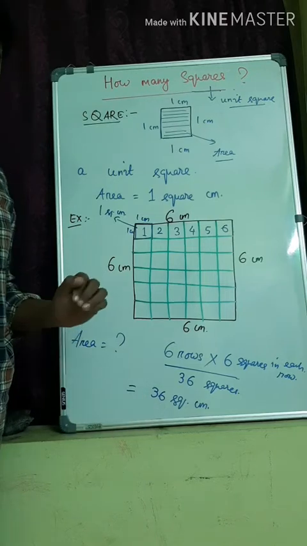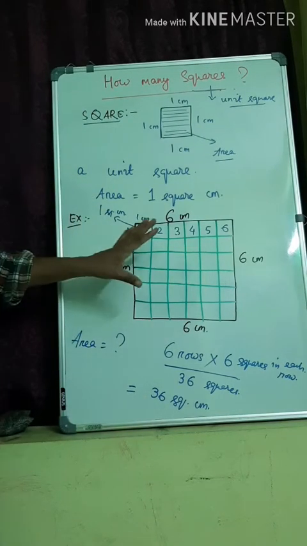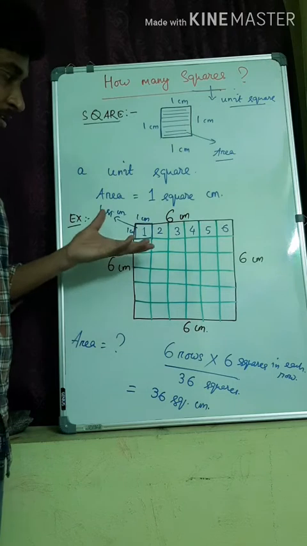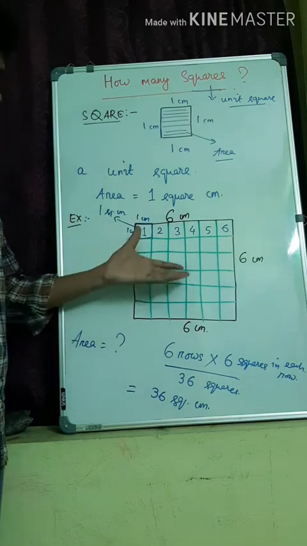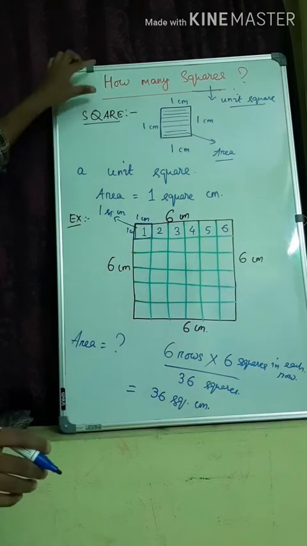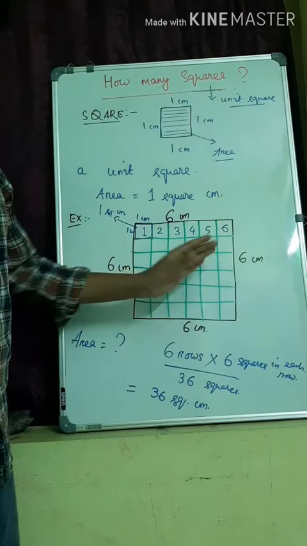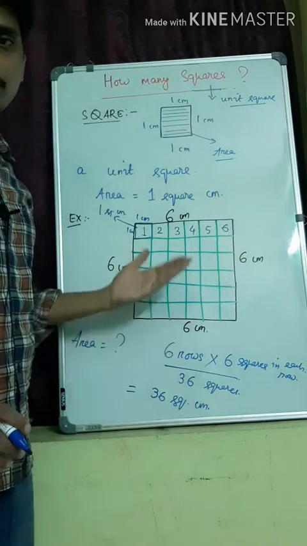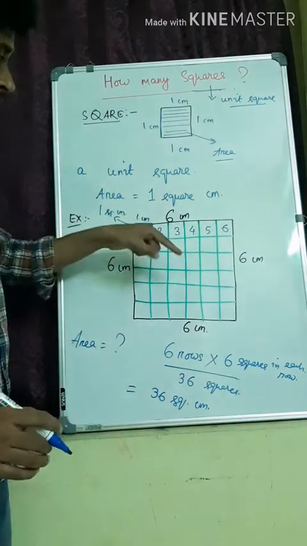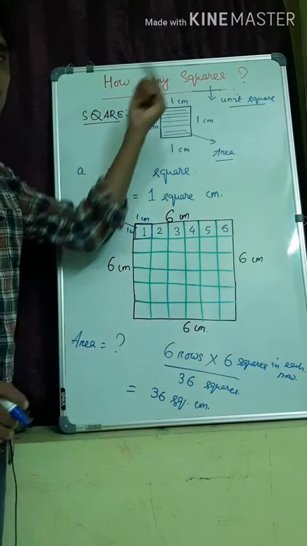Simple, children. So the area of a certain figure, certain square or rectangle, is nothing but finding out how many unit squares can be arranged in this big square or rectangle. So how many squares? That is why the lesson is how many squares.